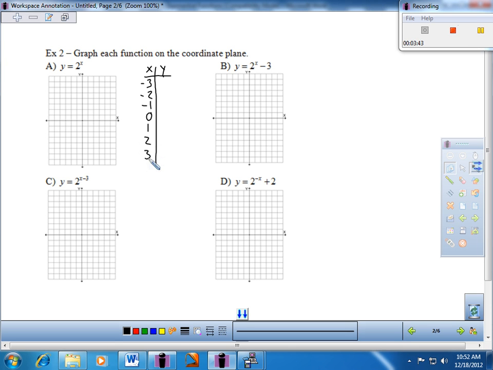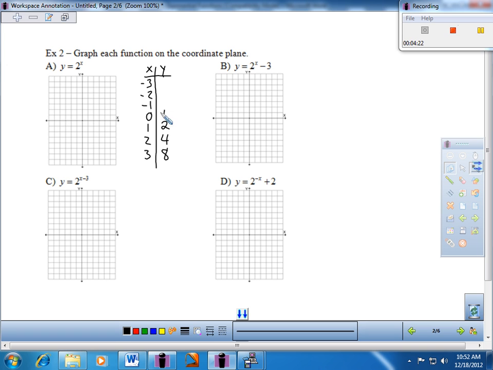Not that it matters a ton here, but these would be my x values. So I'm going to put in 3 for x, and so just 2 to the 3rd. And 2 to the 3rd would, of course, give us 8. Then write back in, use that as your input, so 2 squared, that would be 4. There's your input, so 2 to the 1st, 2. 2 to the 0, everybody. Remember that from way back when.